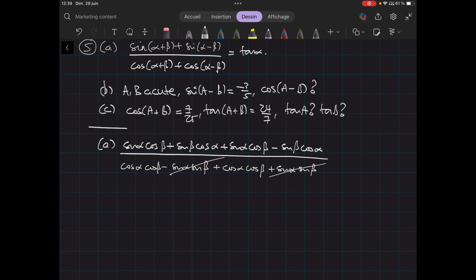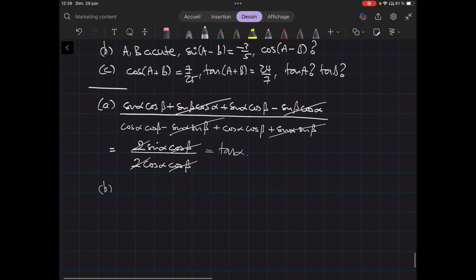These terms are gone. These terms are gone. So you're down to this divided by that. Cos beta is gone. The 2's are gone. And we have tan of alpha.